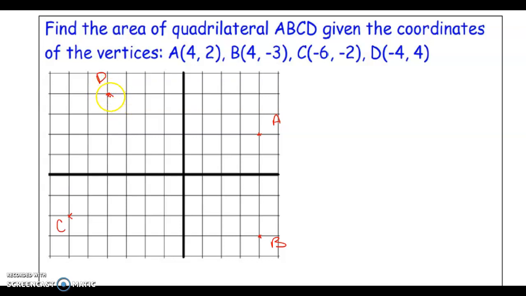Okay, so now I connect them. That is pretty bad, but it'll work okay. Okay, so now I've got those points plotted. Step 1, I need to draw a box around this polygon.